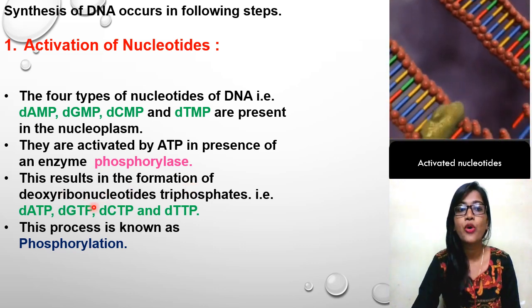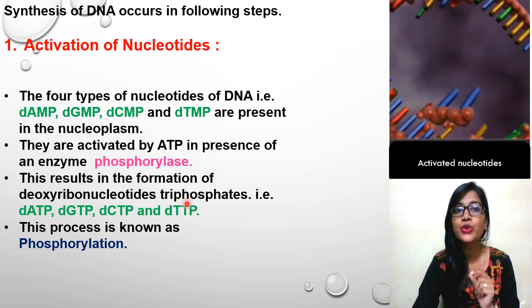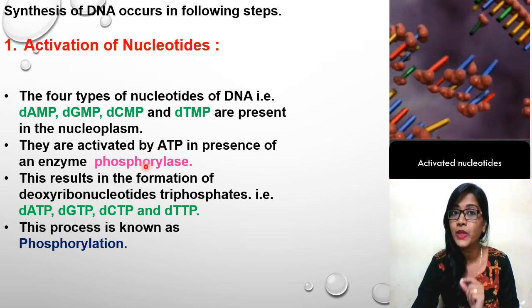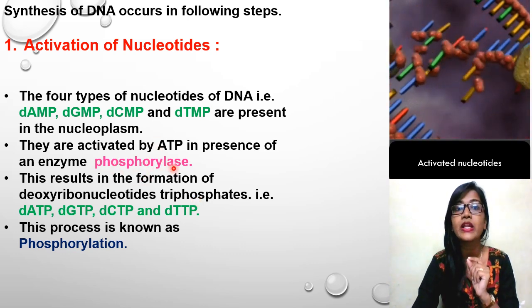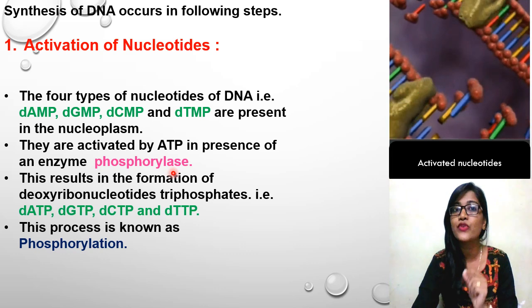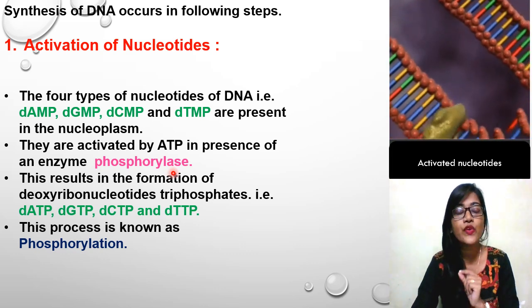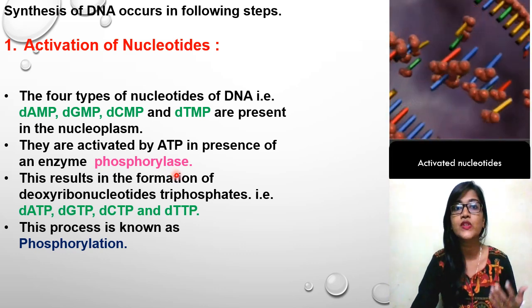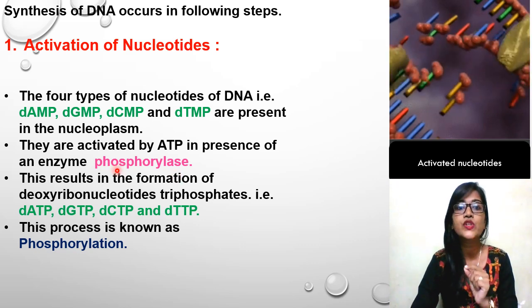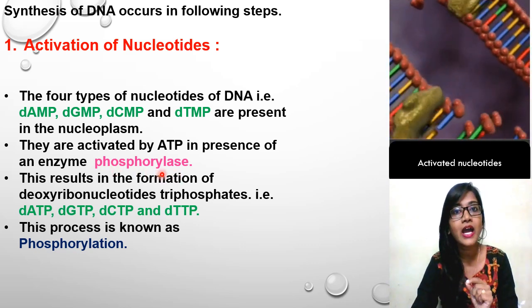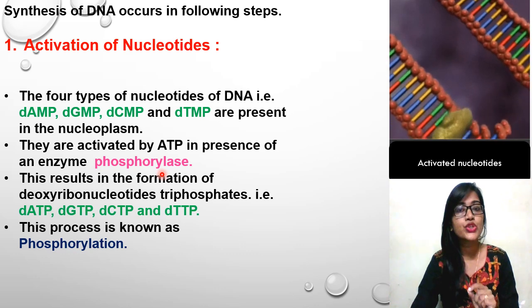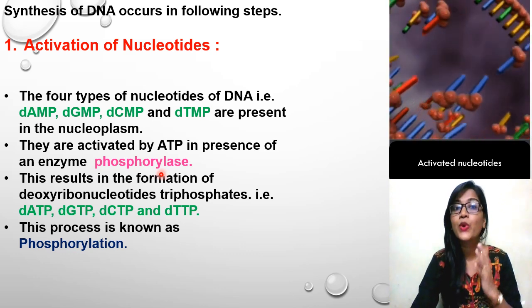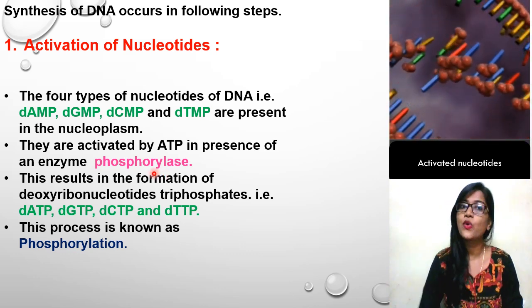This results in the formation of deoxyribonucleotide triphosphates. That means the process is phosphorylation. In the phosphorylation process, there is addition of a phosphate group. So phosphorylase is the enzyme, and addition of a phosphate group, that process is known as phosphorylation.